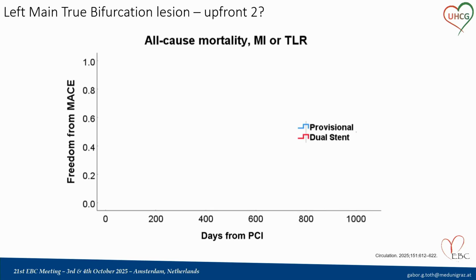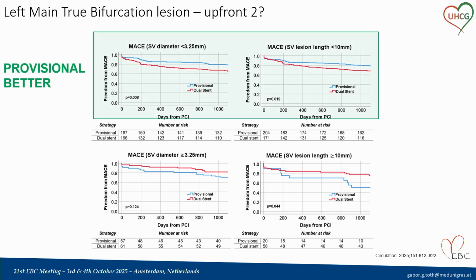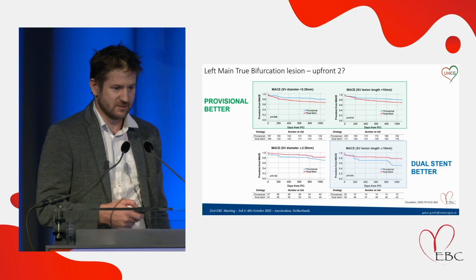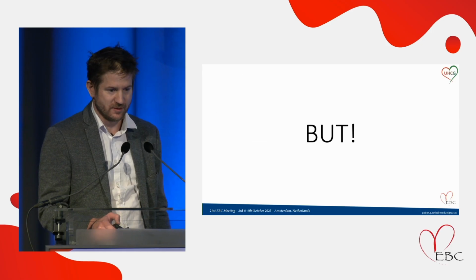Also, in the long-term follow-up of EBC Main, which sounds equal for provisional and dual stents, if we look closer at different anatomic settings, like the extent of the disease in the side branch, there is some data suggesting that dual stent might be better if the extent of the disease in the circumflex is more pronounced and if the side branch is bigger.